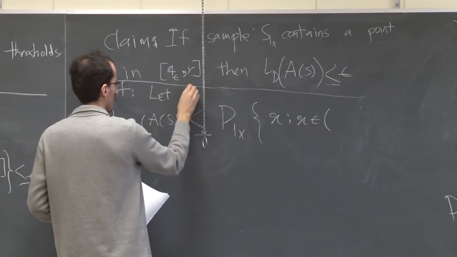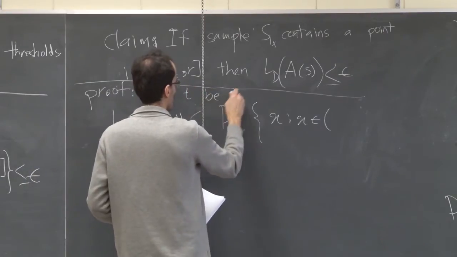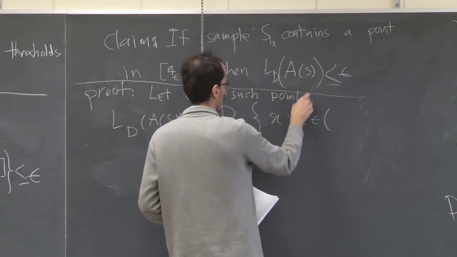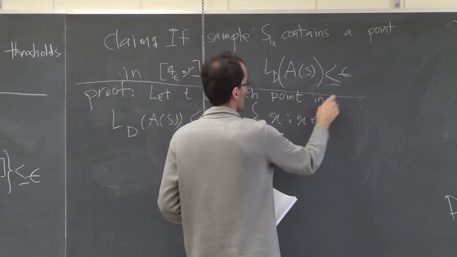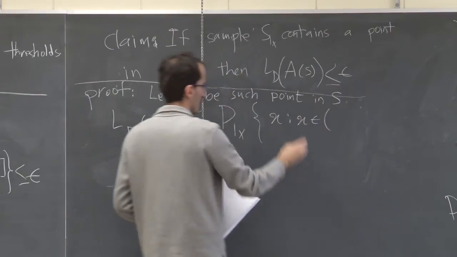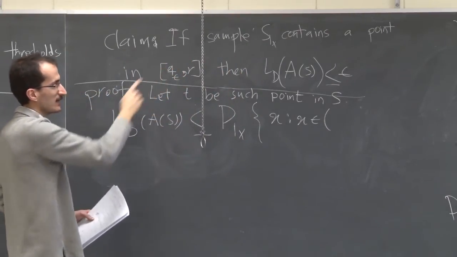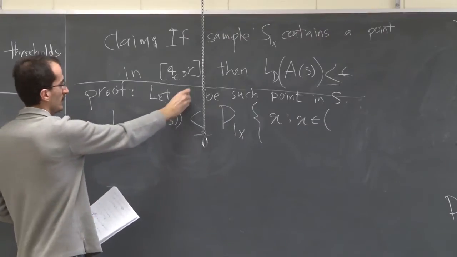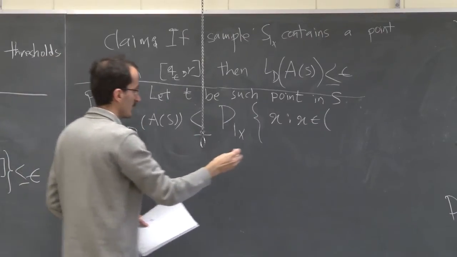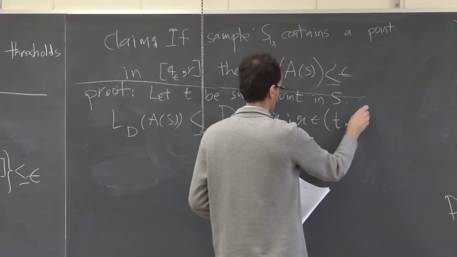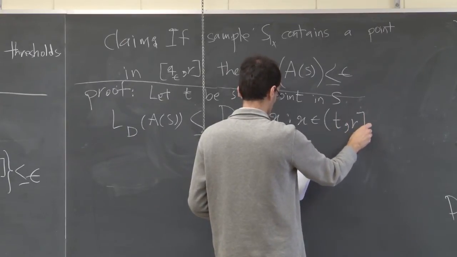Let T be such a point in the sample. So it's the point that we were talking about in the sample. It contains a point T. So for that point, it will be T and R.